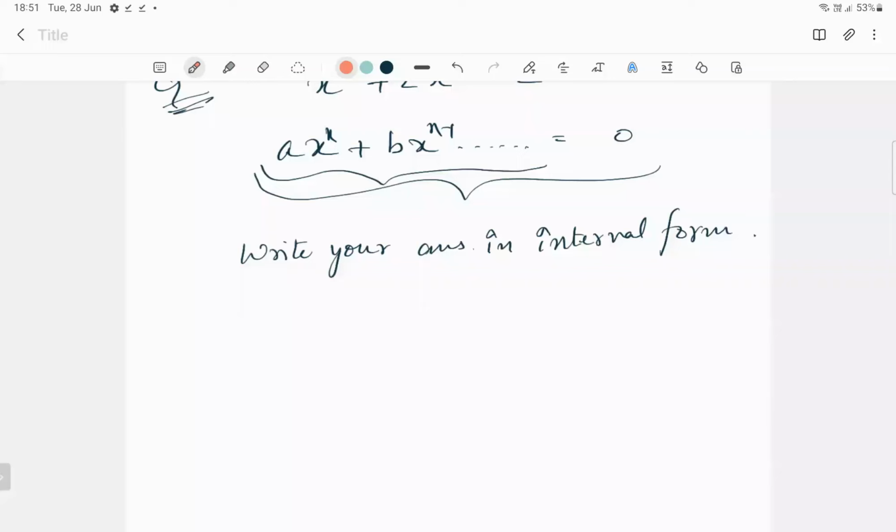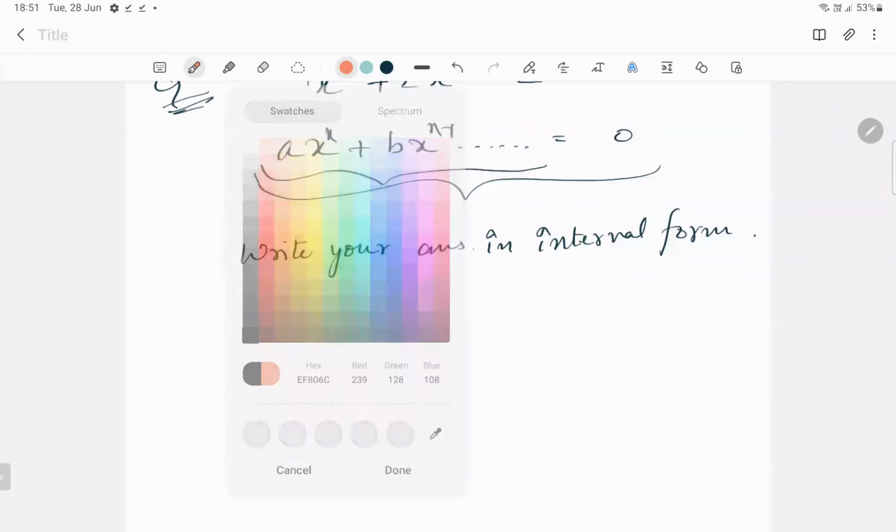How much did you get? You guys know how to solve it. Okay, no issues.